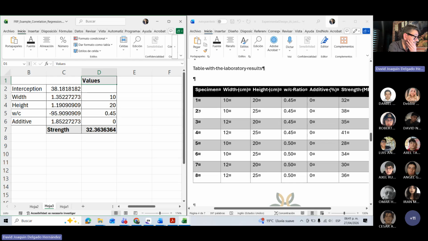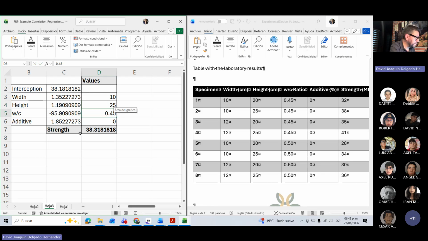So let us now try the second specimen. I collected this information in the laboratory, but this is my model. This is my regression model, okay? And I am going to predict, even though I don't go to the laboratory, what is going to happen with my specimen just by having this formula. So let us try. Look, 10, 25, 0.45, and 0.